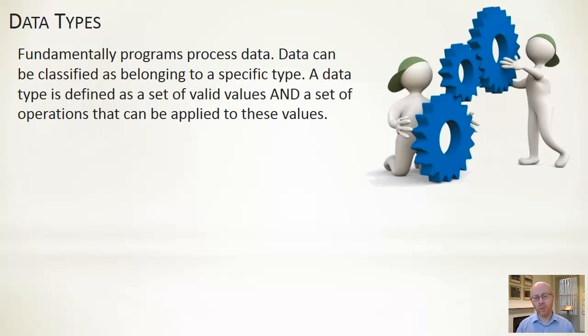And normally alongside that, we also define a set of operations, things like addition, multiplication, or whatever, that we can meaningfully apply to that data or to instances of that data. So values alongside operations, and both of them combined provide us with the notion of a data type.